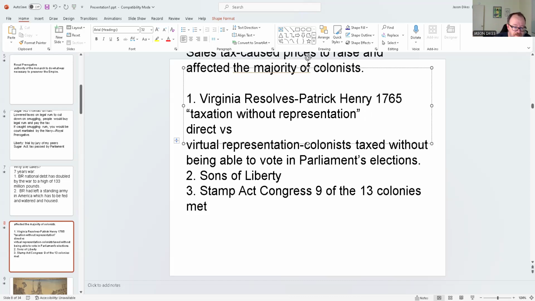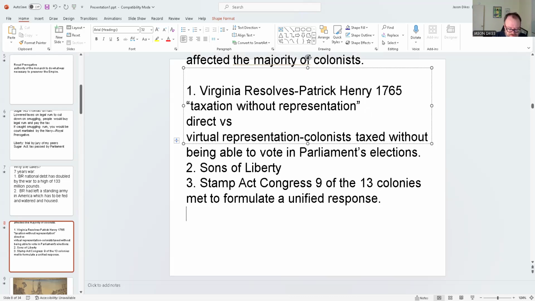Nine of the colonies met to formulate a unified response. Okay. And they send a petition to the monarch. And it basically explains why virtual representation is so bogus.